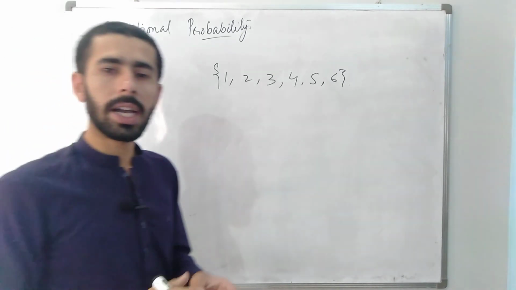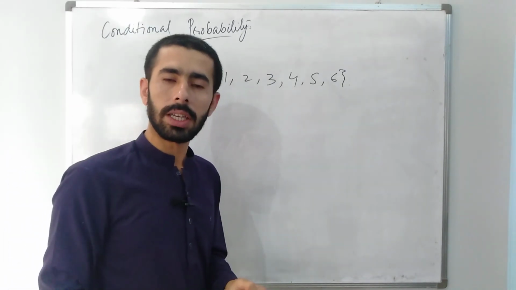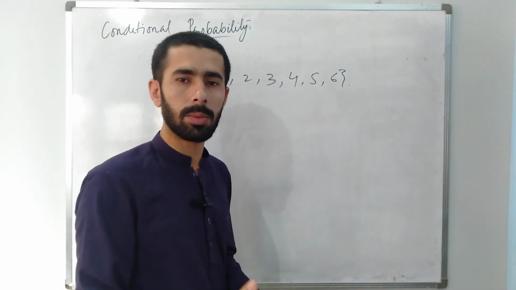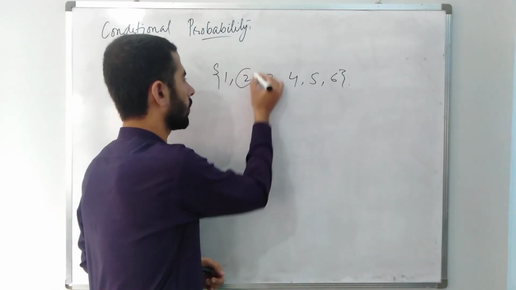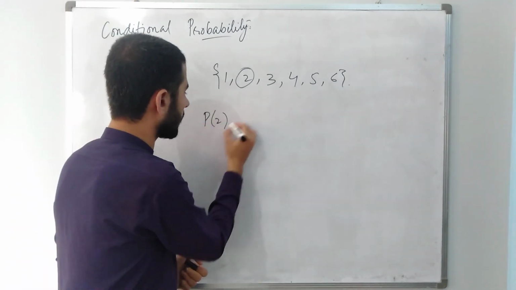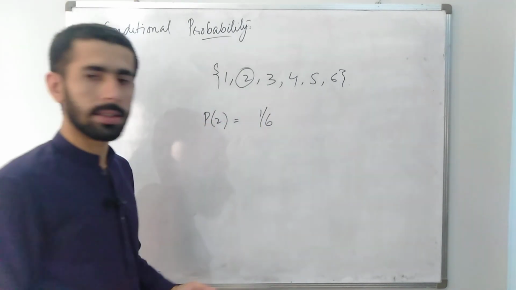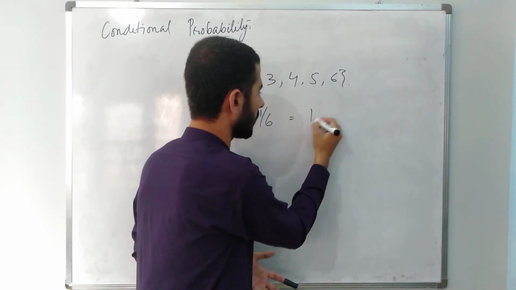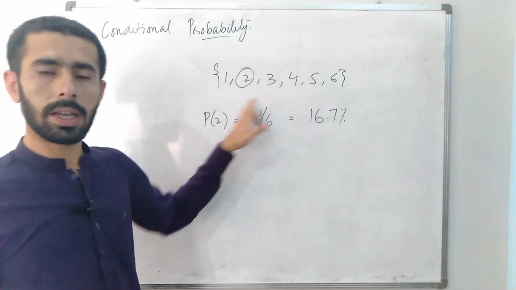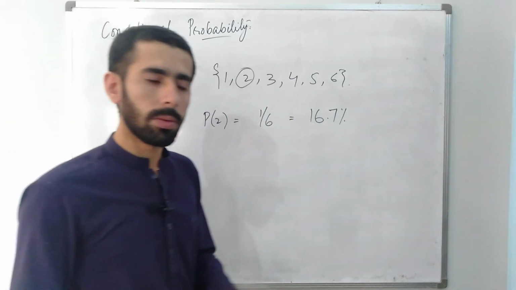Now if my desired event is that I want to know the chances that I would get 2 when rolling the die, I can see that the probability of getting 2 is 1/6, that is some 16.7%, that the die would roll a 2 when I am rolling it.